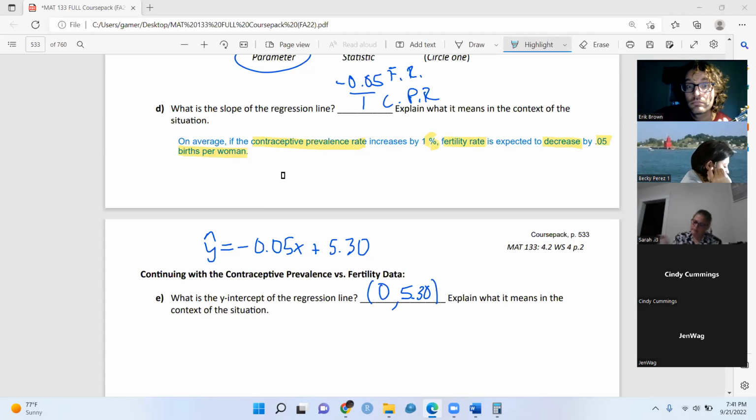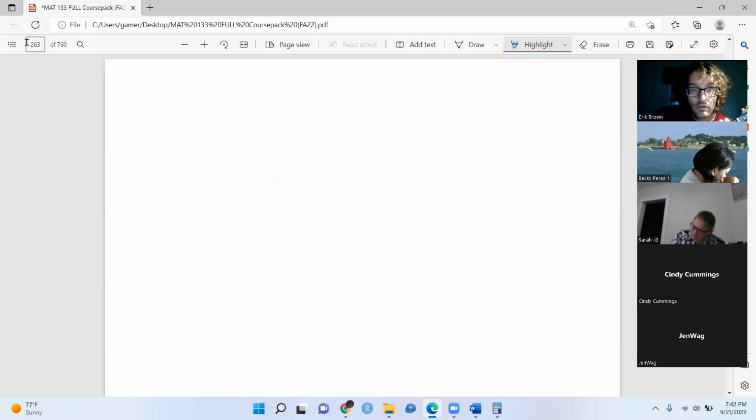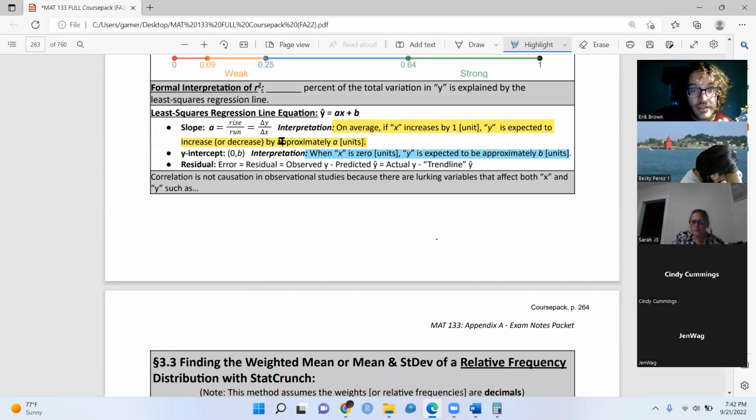For D, we're interpreting slope. For E, you're interpreting the y-intercept. Note here it says slope interpretation for this first one. That's the "on average if blank increases" wording. And then here, we're doing the y-intercept interpretation.